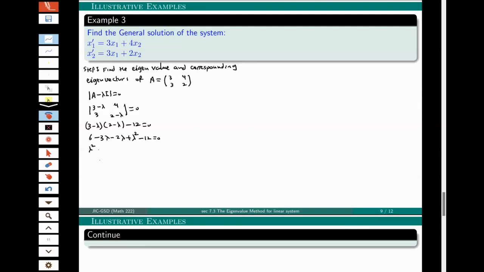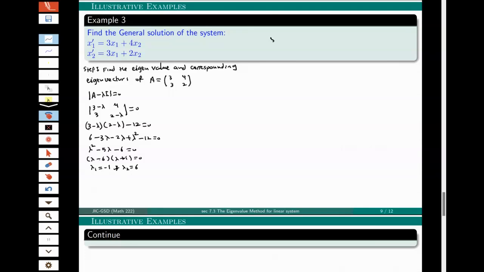So we will have lambda squared minus 5 lambda, 6 minus 12 is minus 6, equal to 0. We factor: lambda minus 6 times lambda plus 1. So minus 6 lambda plus lambda is minus 5 lambda. So our lambda 1 is equal to minus 1, and lambda 2 is equal to 6.